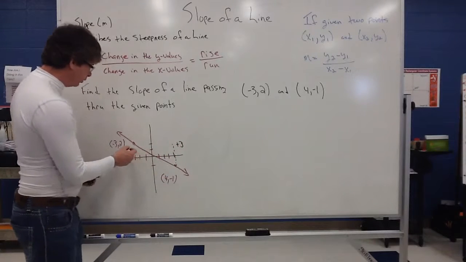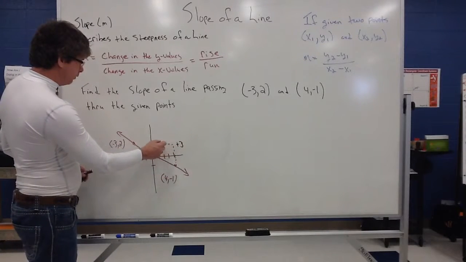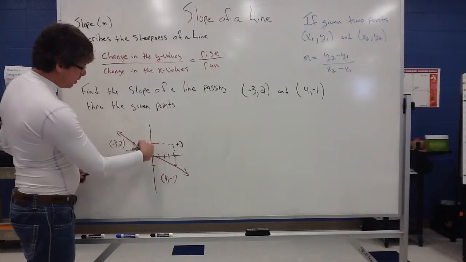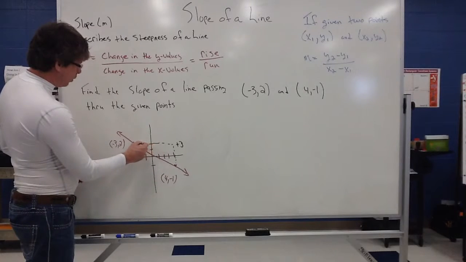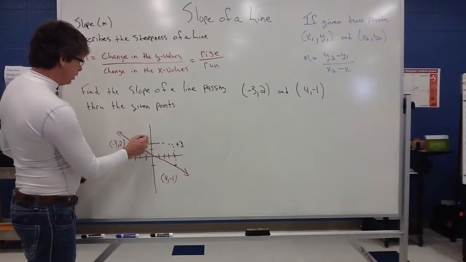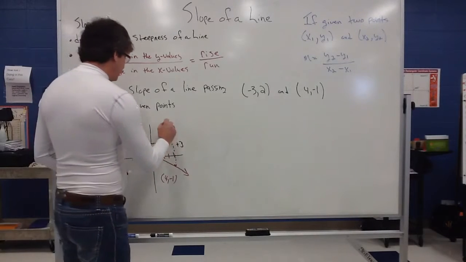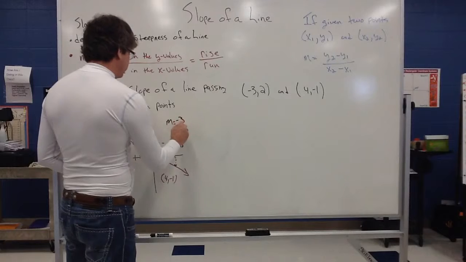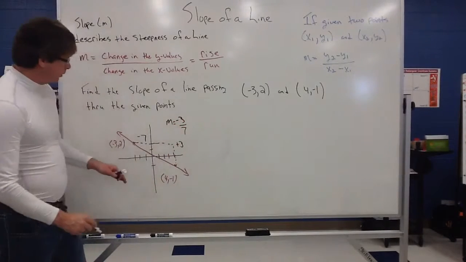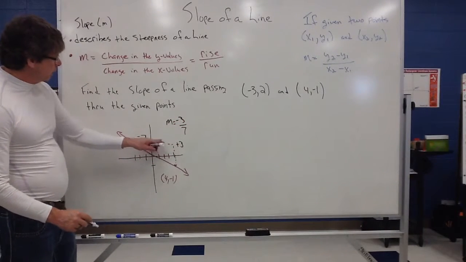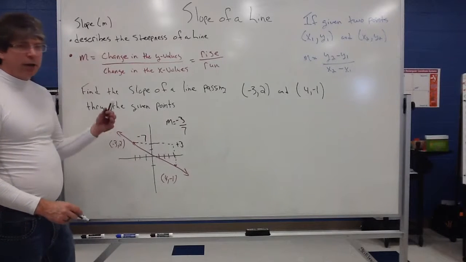I got to run over to this point, so I got to get 4 to get back to the y-axis, and then run over another 3, so that's a run of 7. Notice that I went to a -7 there. So the slope is going to be -3/7. You got a positive and a negative, so just put that negative. I usually put it out in front or on the top.